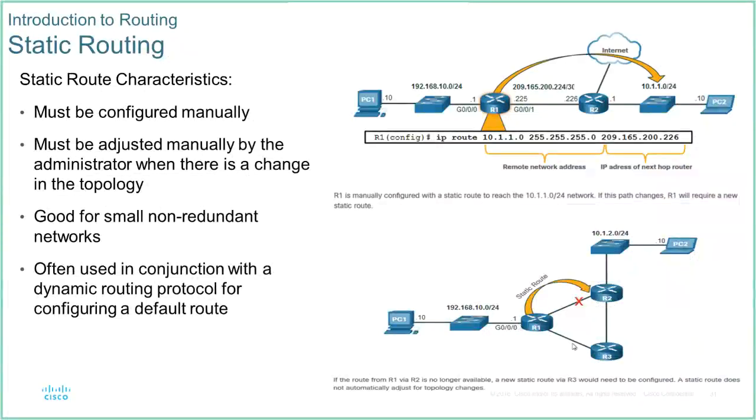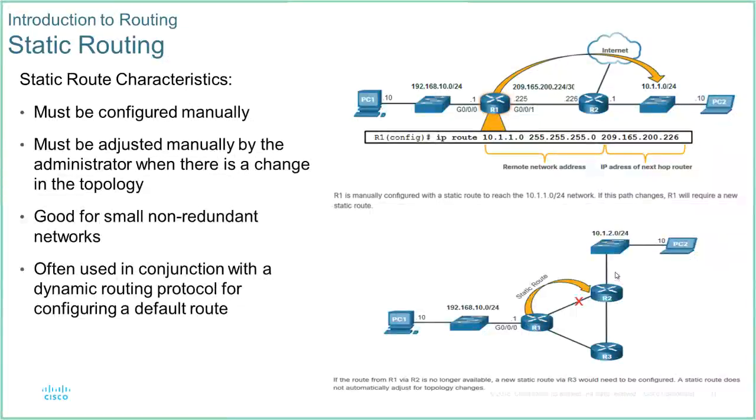It will not reroute via another path. We would have to manually come in and make the change saying to get to the 10 network, we now have to go via router 3. So we would have to redo this again, but point it to the router 3 interface, and then have the same thing configured on router 3 to come up here, and vice versa, coming back down this way.